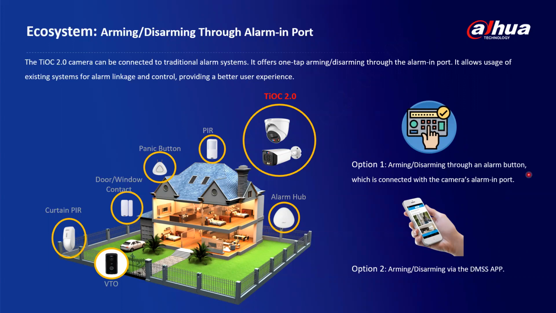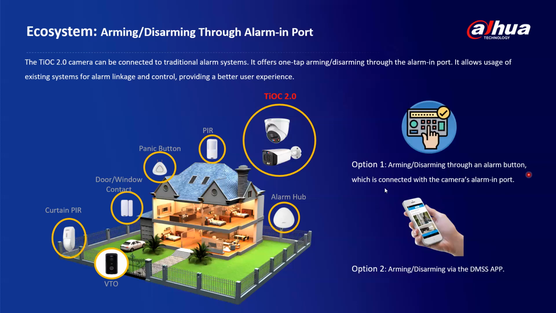It still offers one-tap arming and disarming through the alarm input. It allows usage of existing systems for alarm linkage and control, providing a better user experience. So you can combine some of those traditional alarm systems with your TiOC 2.0 and still achieve better security performance.